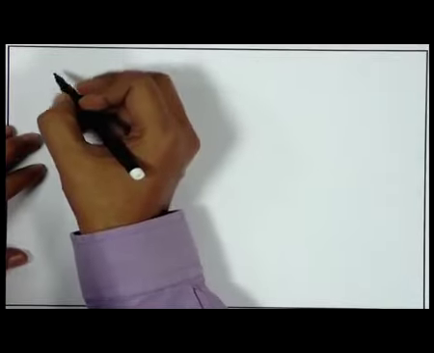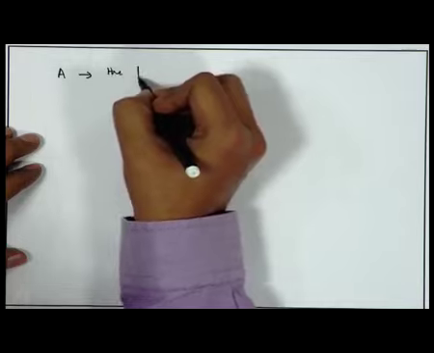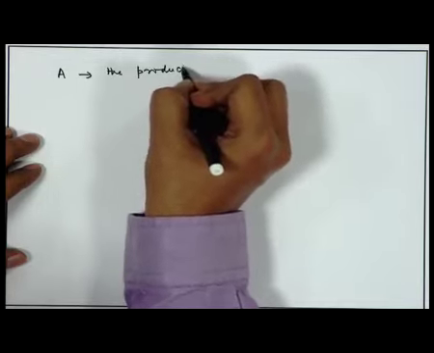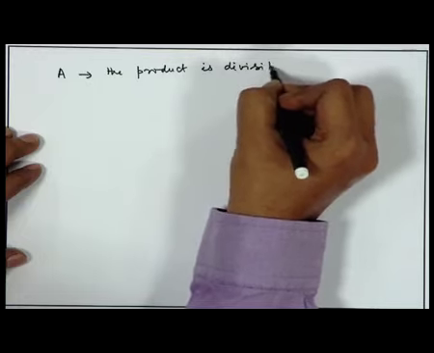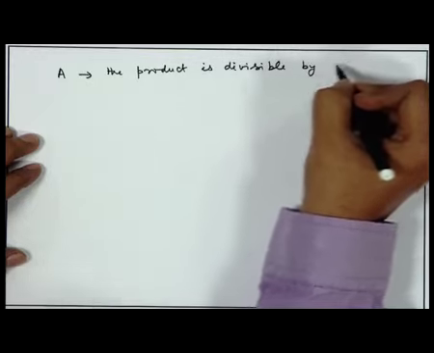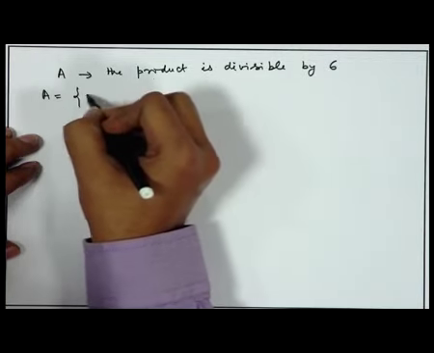So, let us look at that. Let me define the event A, that the product is divisible by 6. Then what are the elements?